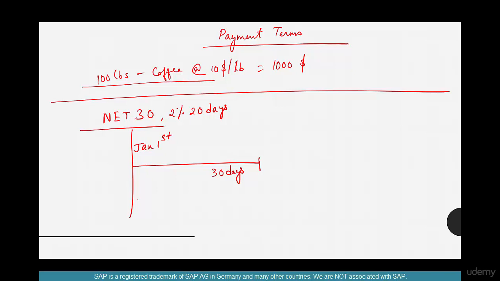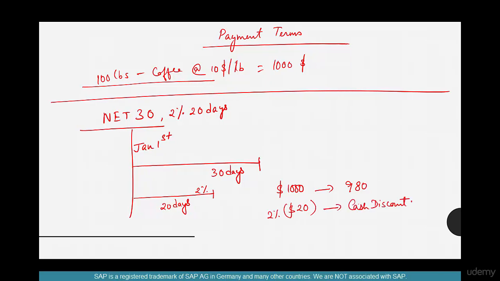What this means is, if you pay within 20 days, you get a cash discount of 2%. So out of 1,000, you only need to pay $980 because the $20, which is 2% of 1,000, is given as a cash discount.